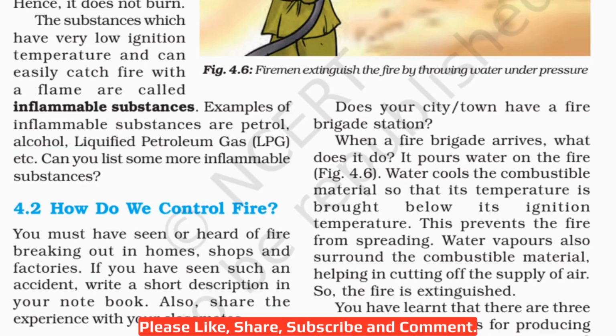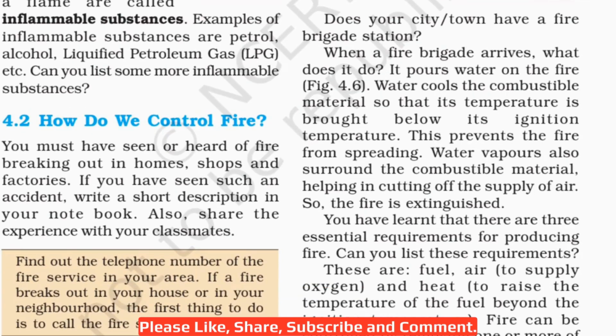Now, why did the fire start? Because the temperature reached the ignition temperature. Water cools down that temperature and brings it below its ignition temperature, and this prevents the fire from spreading. Then when the fire is extinguished by the reaction of water, there are water vapors.